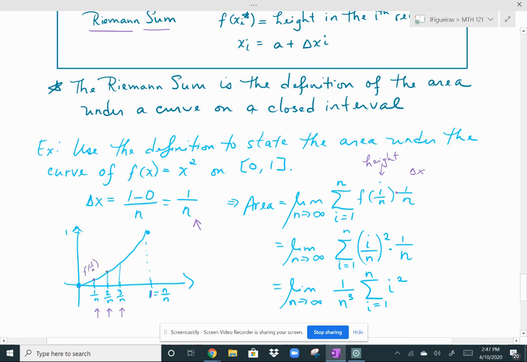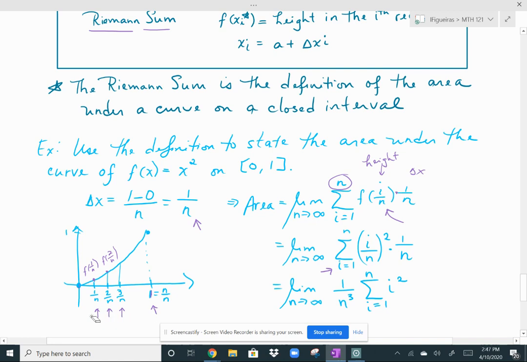And here the function value would be f of 2 over n. So when i goes from 1 to n, 1 over n, 2 over n, 3 over n is written as just i over n. And when i is n, well, that's 1, and that's at the end, n over n.